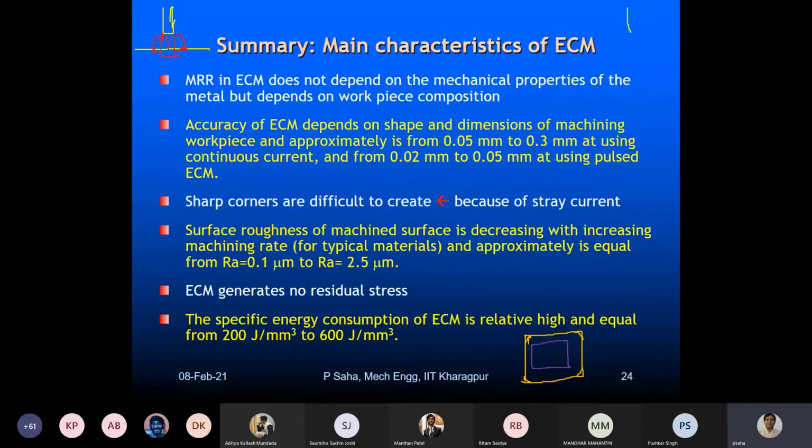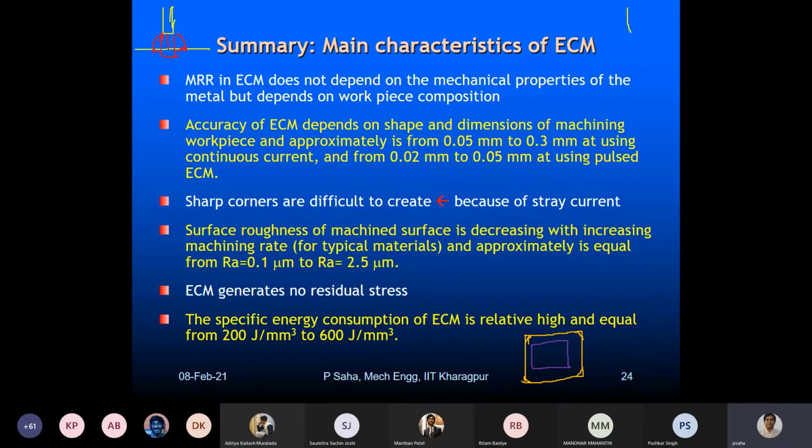So if you recall, in the last class, we have been discussing a very beautiful process which can give a complete stress-free and crack-free surface after machining. That is unique and has a lot of application potential, particularly in the aerospace industries.